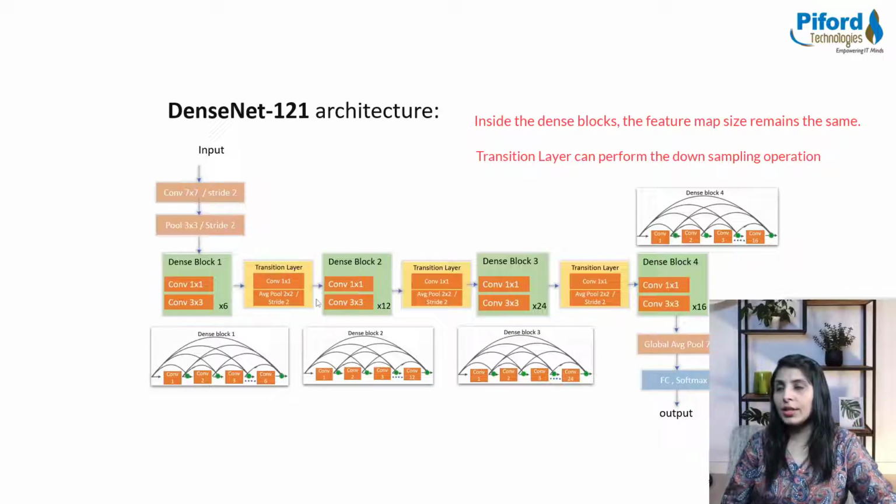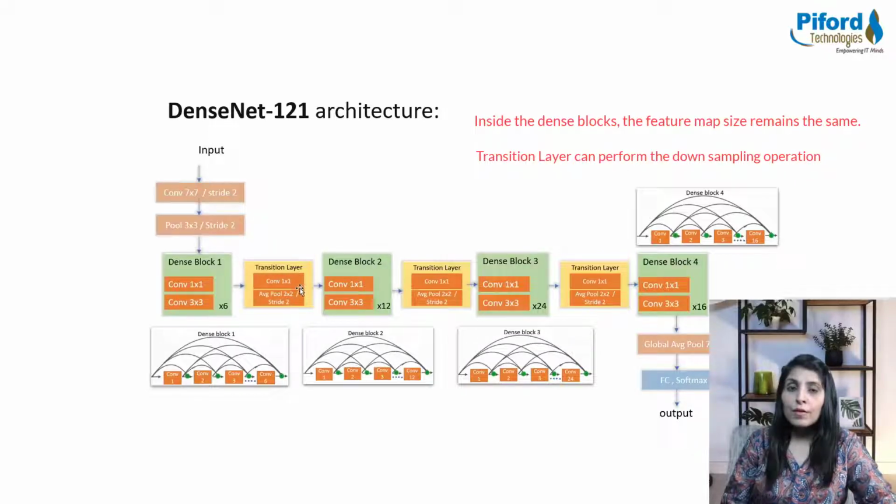Let me explain in more detail. Dense block 1 will give you some feature maps, and those feature maps will go to the transition layer. The transition layer has this conv 1 into 1 layer, and then an average pool layer of size 2 by 2 with stride 2.